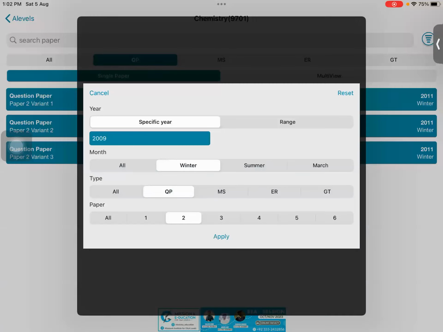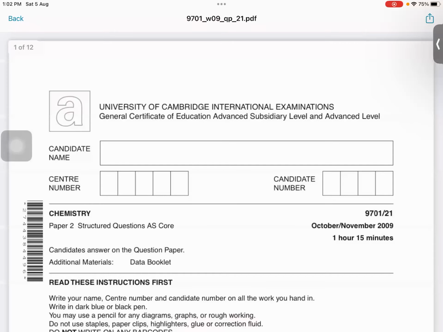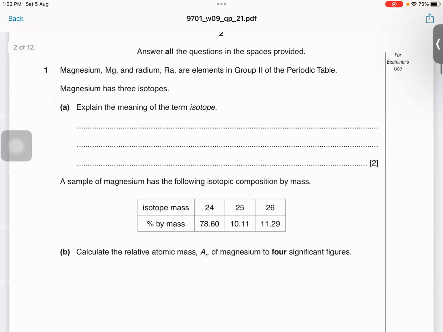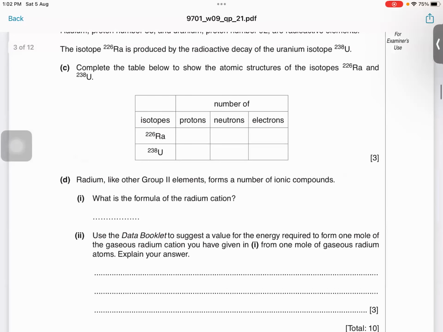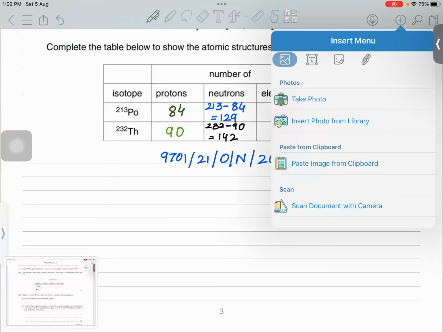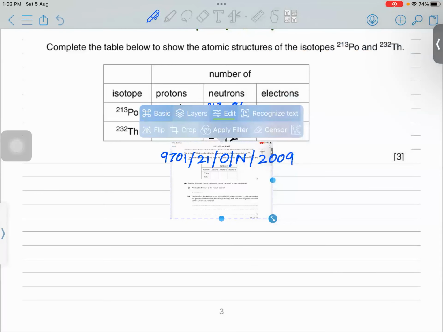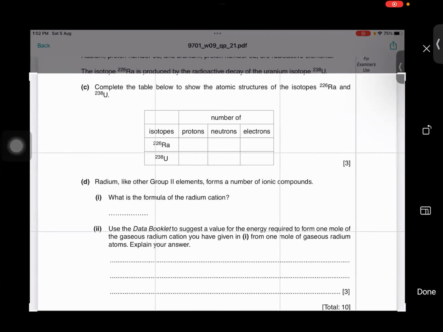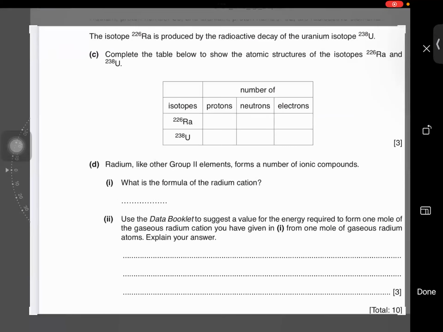This is October/November 2009, variant 21. Yes, this is the last question. This is for 3 marks, right?